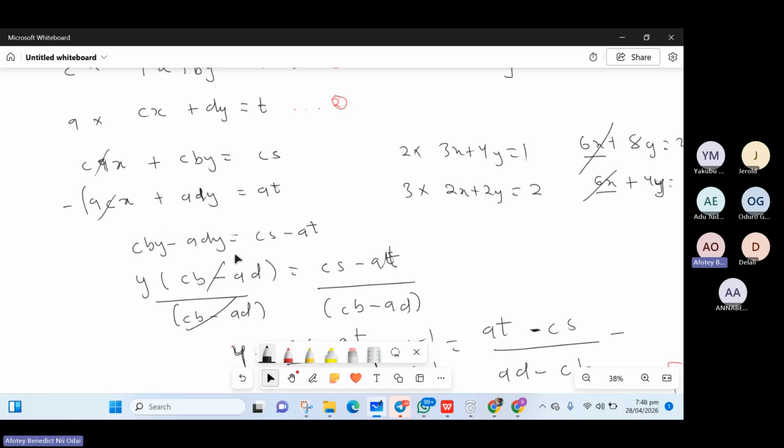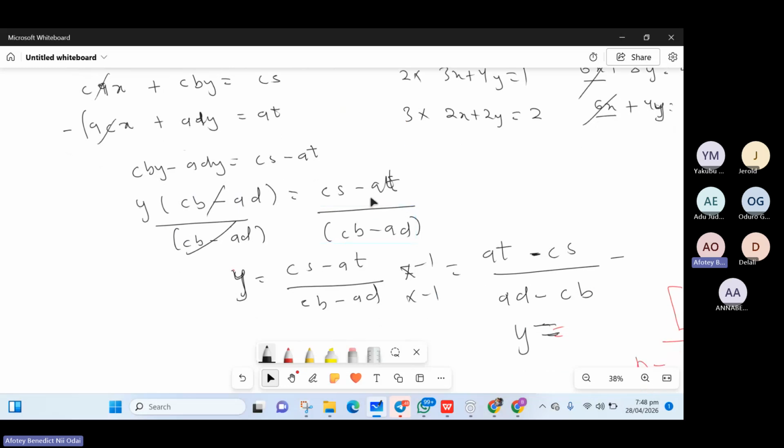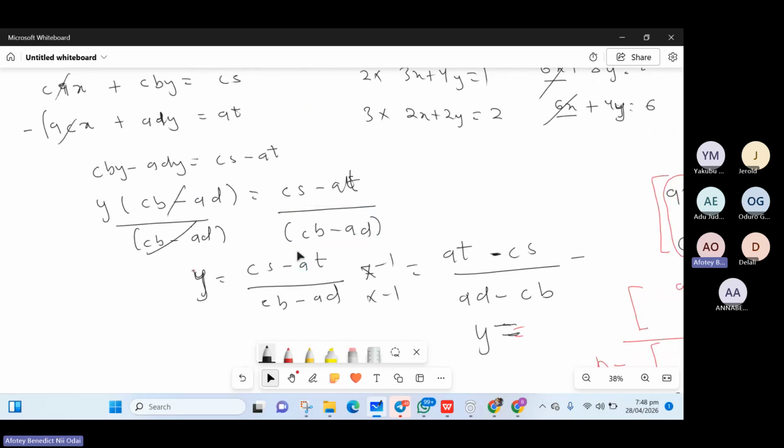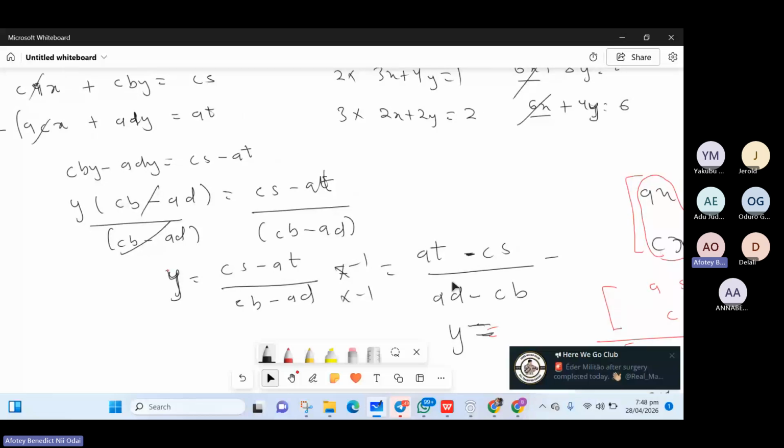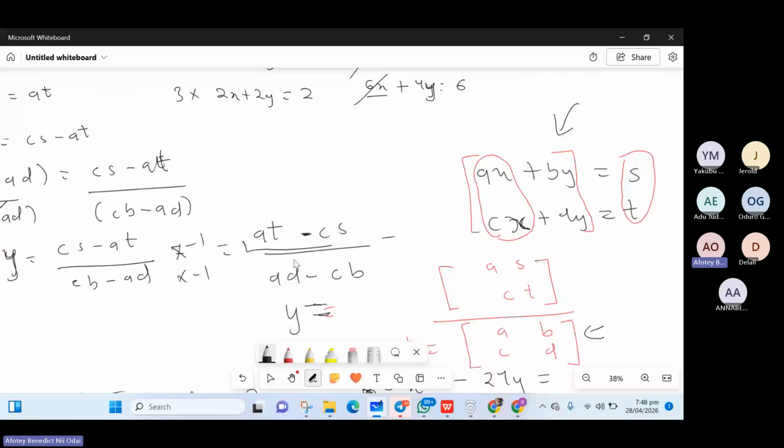So we made y the subject in this case, and factorized and got this expression for y. Now we multiplied both the numerator and denominator by -1 and got this expression over here. And this expression over here is basically the determinant of a matrix.